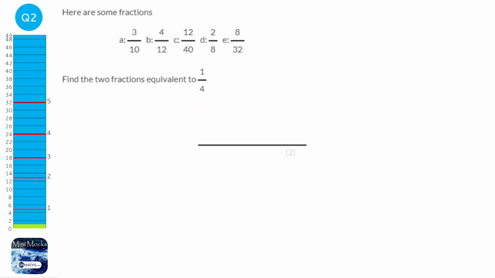To find if a fraction is equivalent to a quarter, you can multiply the numerator by 4, and it should match the denominator. So 1 times 4 is 4, and that matches the 4 at the bottom. So 3 times 4 for this first fraction is 12. Well, that doesn't match. 4 times 4 here is 16.